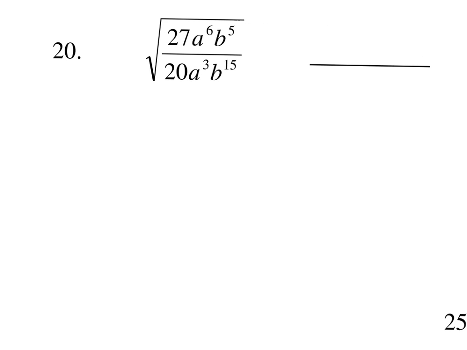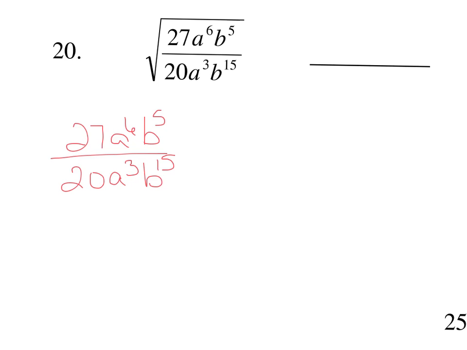On number 20, you have this rational expression here under the radical. It would be best to simplify this rational expression first before you do any square rooting. So I'm just going to ignore the radical, and I'm going to take this rational expression, 27a to the 6th, b to the 5th over 20a cubed, b to the 15th, and I'm going to reduce this expression first. 27 over 20 does not reduce.